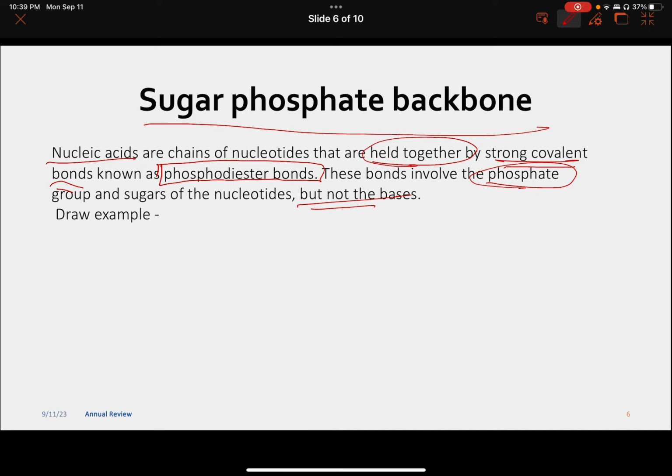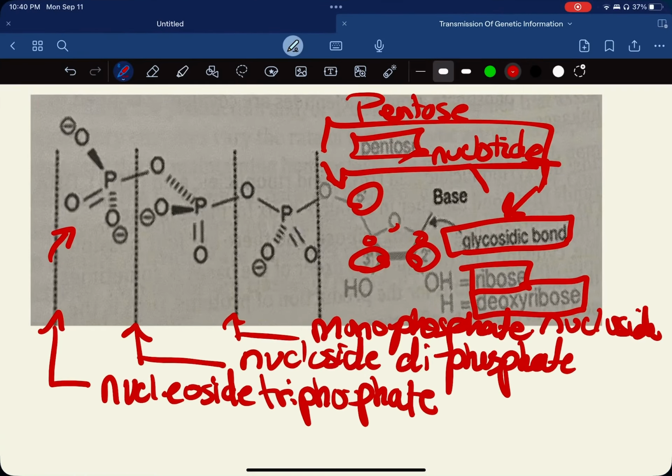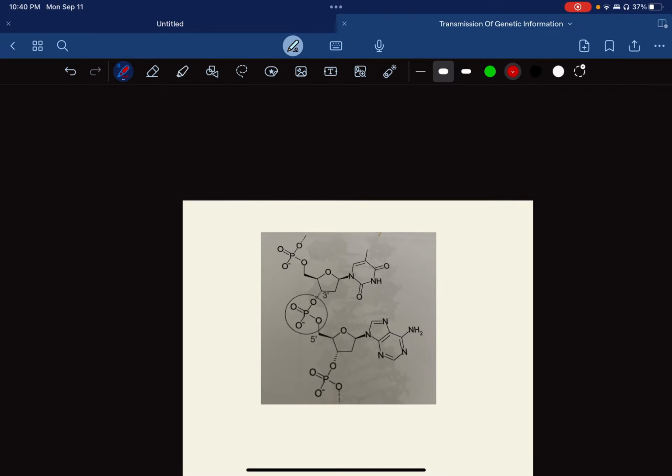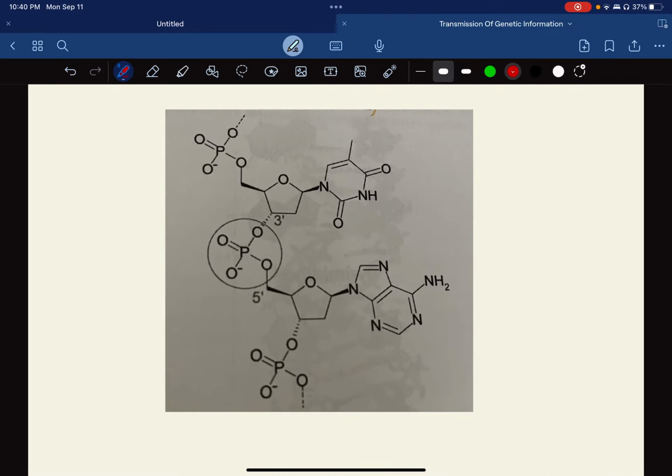When the nucleotide is incorporated into that chain, it forms a second ester bond to the 3-carbon of the sugar on the adjacent nucleotide. I'm going to say that again, but I'm going to explain it more with a picture because I want you guys to get an image here, right?